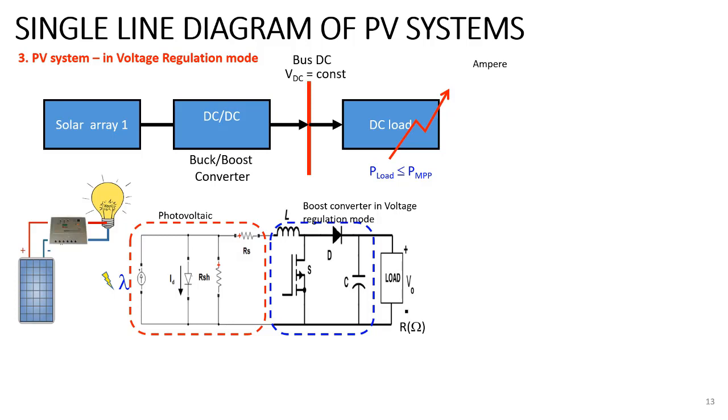The solution is still based on the adjustment of the pulse width D. Now, the output power of the whole PV system is calculated by this equation: Pout is equal to VDC squared divided by R load.